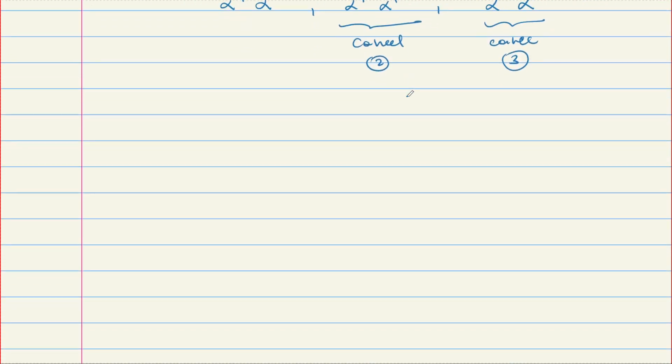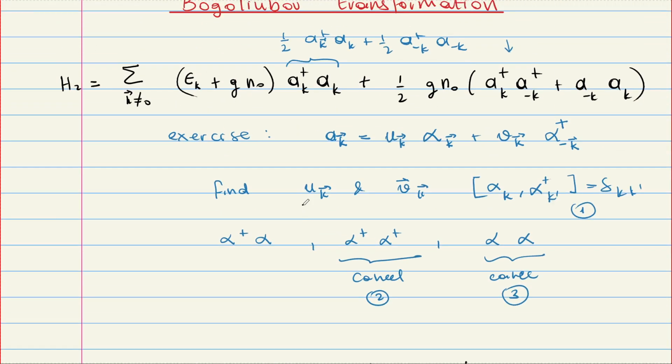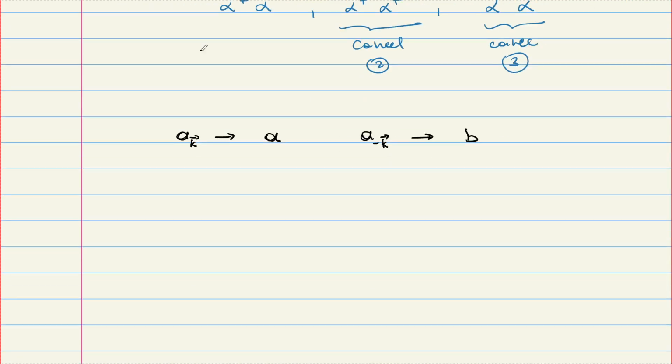Then what I can do is shorten the problem. Whenever I see A_k, I'm going to write A, and whenever I see A_{-k}, I'm going to write B, so that I have less to write and a simpler equation to solve. If I do that, I can call this piece epsilon.